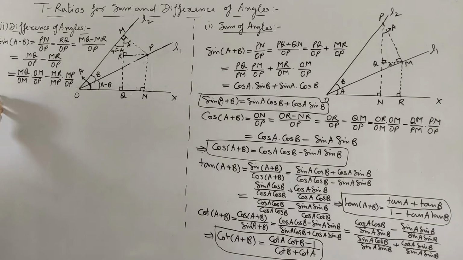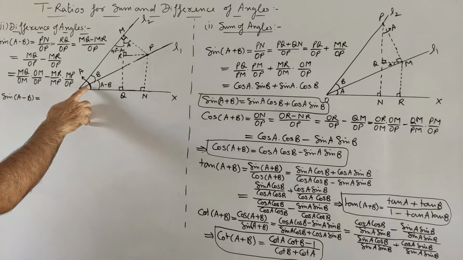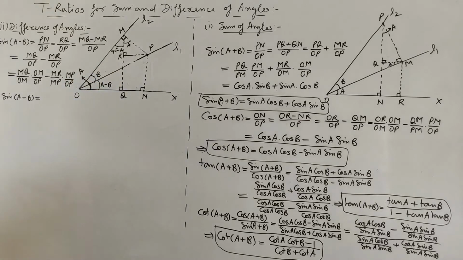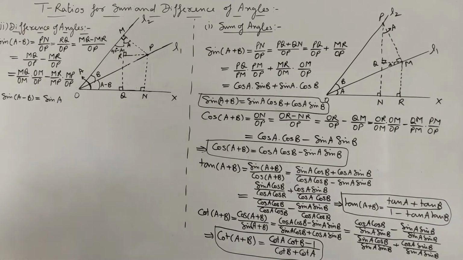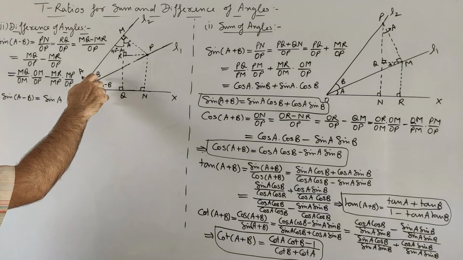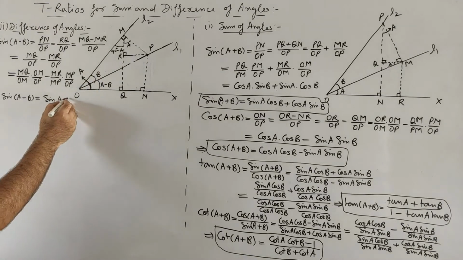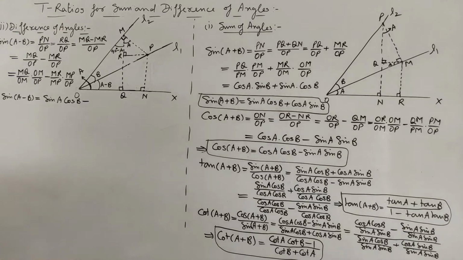Now this implies sin A minus B equal to MQ upon OM. MQ upon OM for angle A is sin A. Now OM upon OP. OM is base, OP is hypotenuse for angle B. So it will be cos B minus MR upon MP.